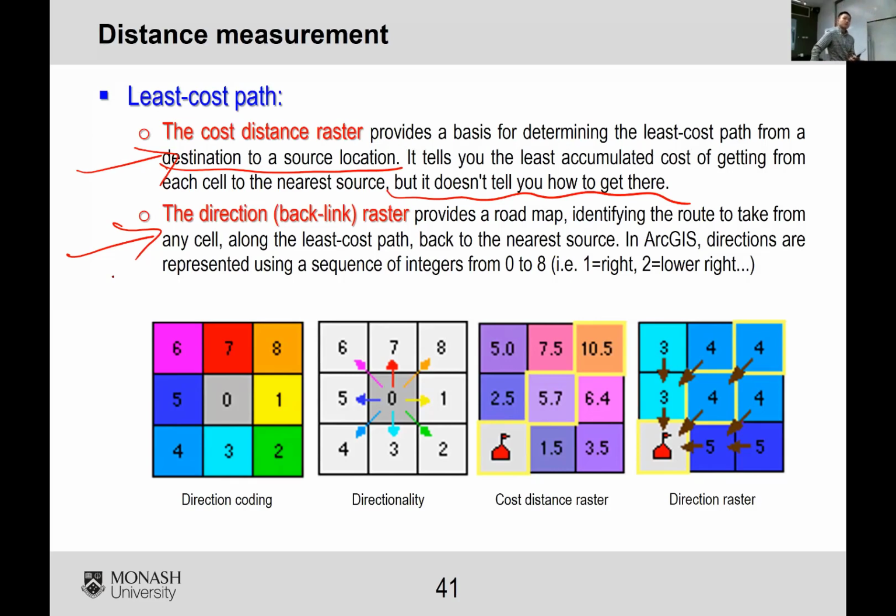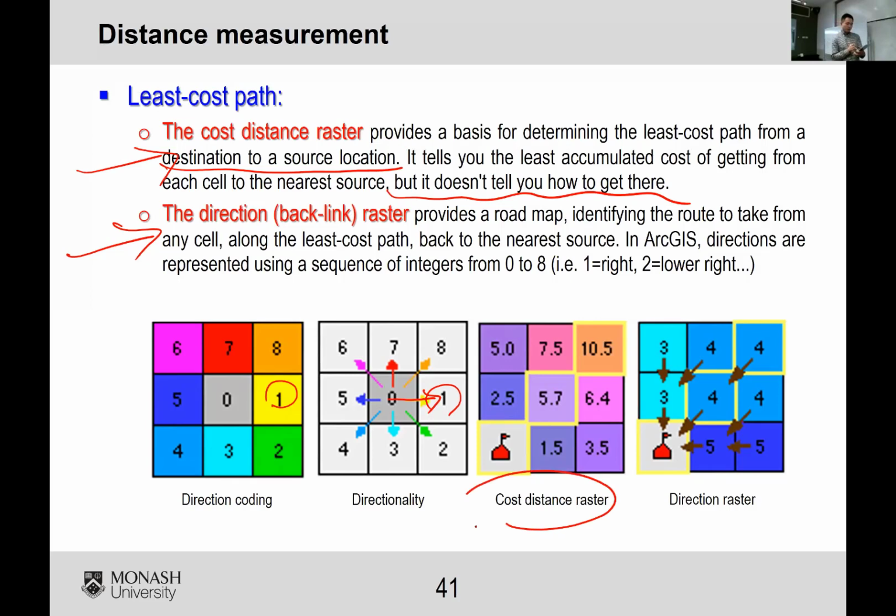So this raster shows you the direction from this cell to its adjacent cell which has the lowest cost. And this direction is coded by numbers and colors in ArcGIS. So if we're moving to the right, then the code is 1, and we use yellow to represent the direction.